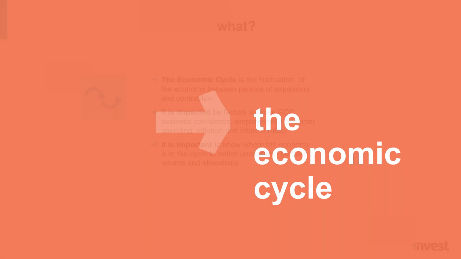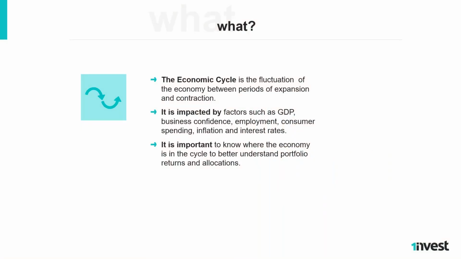The economic cycle. So, what is an economic cycle? All economies move through periods of peaks and troughs, periods of expansion and periods of contraction. An economic cycle is basically this fluctuation, this movement from the peak of economic growth to the next low point of economic growth.